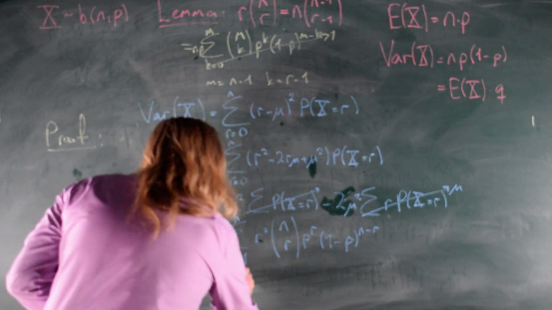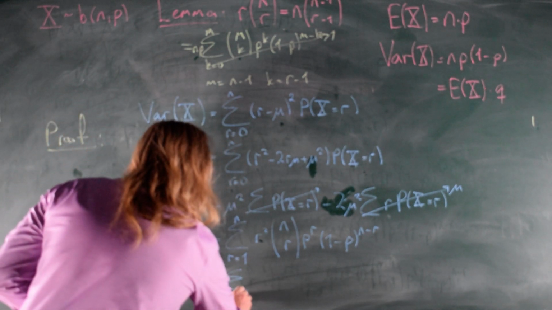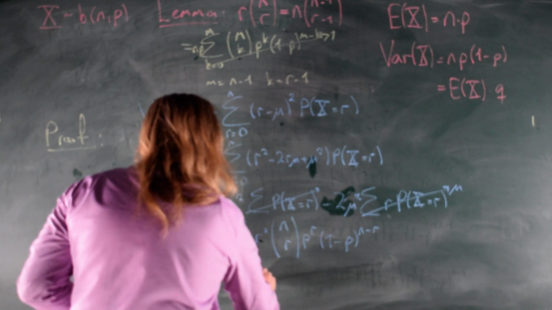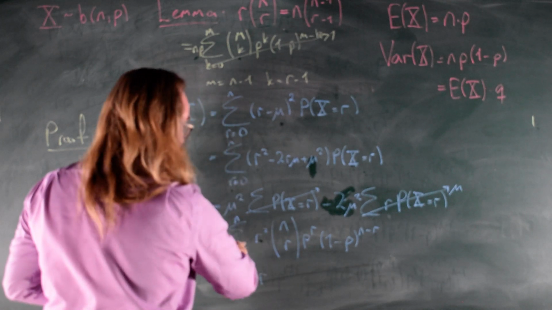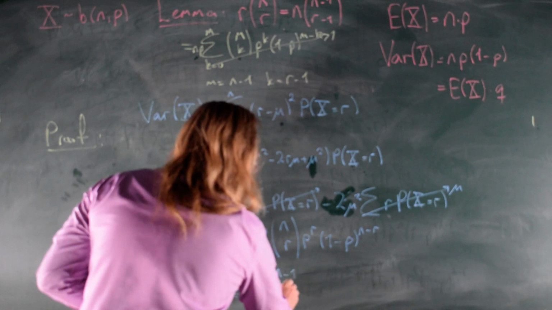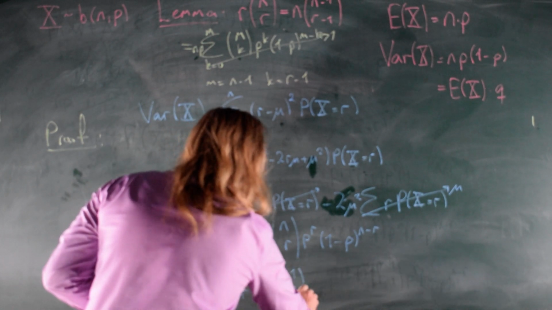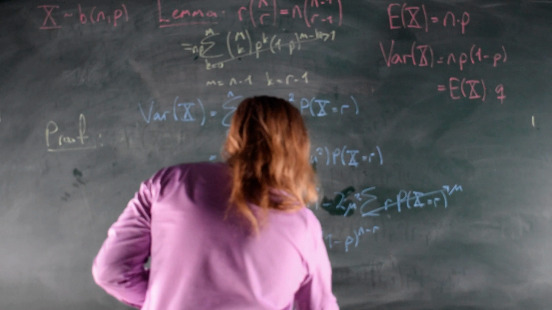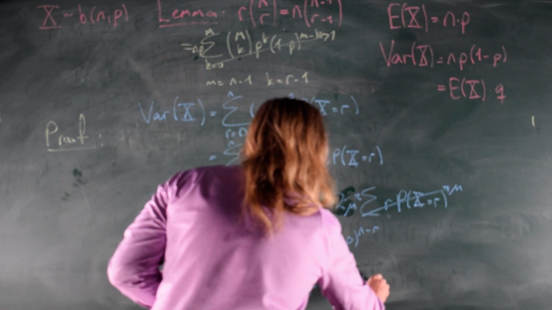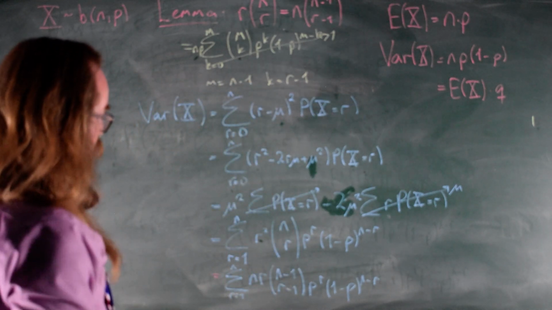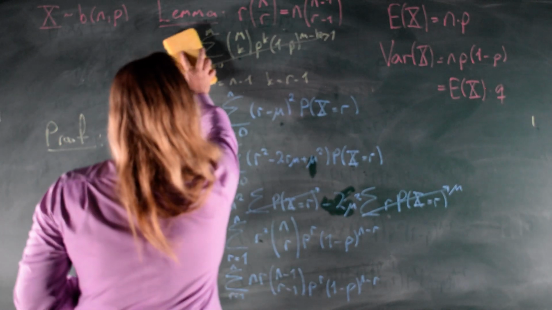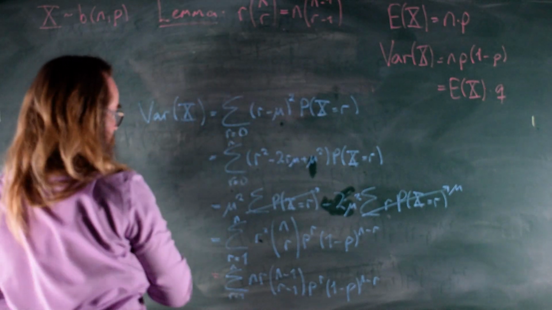All right, and use this lemma. r equal to 1 to n, and then we get n times r, because we use one of the r's for the lemma, and then it goes (n minus 1) choose (r minus 1), p to the power of r, (1 minus p) to the power of n minus r. Wonderful. Hopefully that is legible.